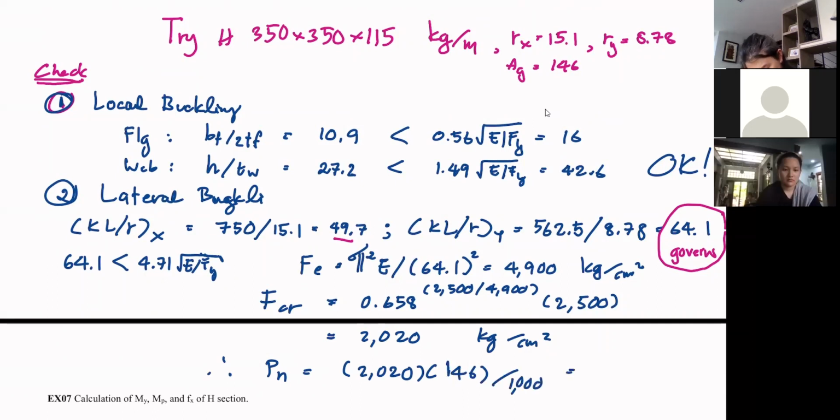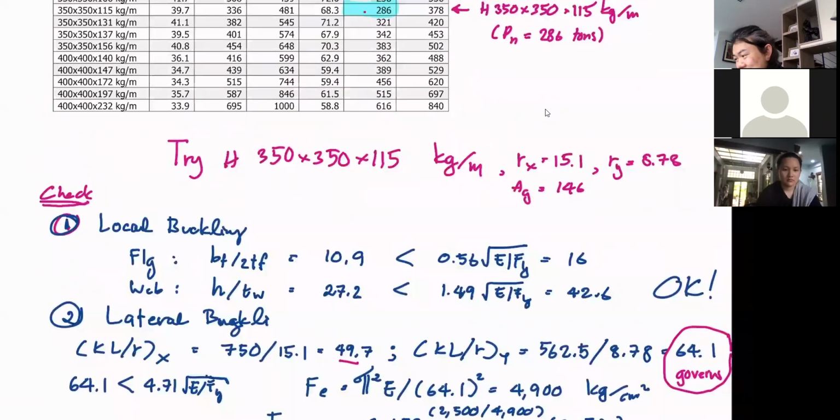So that gives us 295 tons. And what we want is 280 something, right?